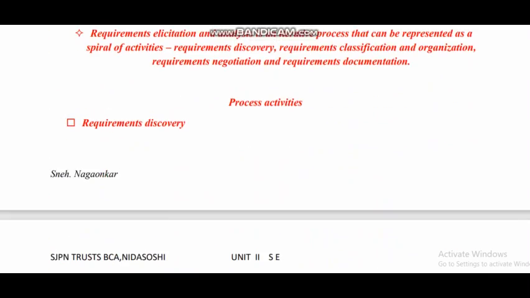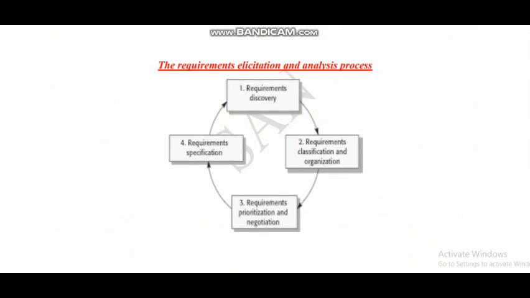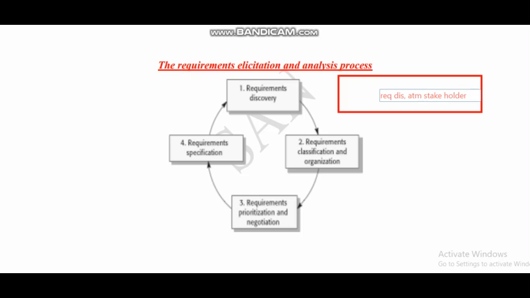When you explain this diagram, just explain these 3 points. First explain about requirement discovery. Next, explain the stakeholder example, that is the ATM stakeholder example.